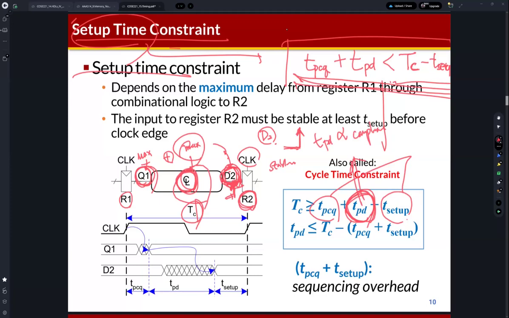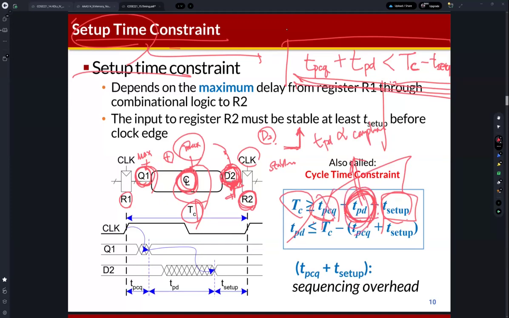The clock period of this system is determined by TPCQ plus TPD plus T setup.